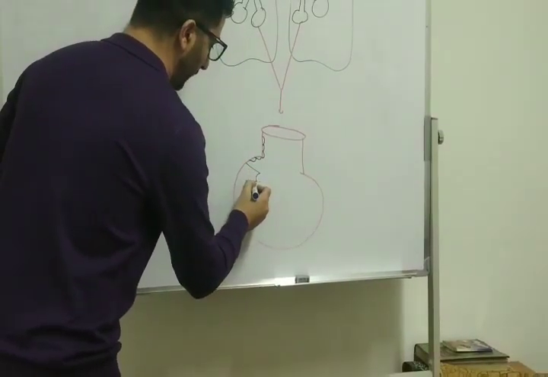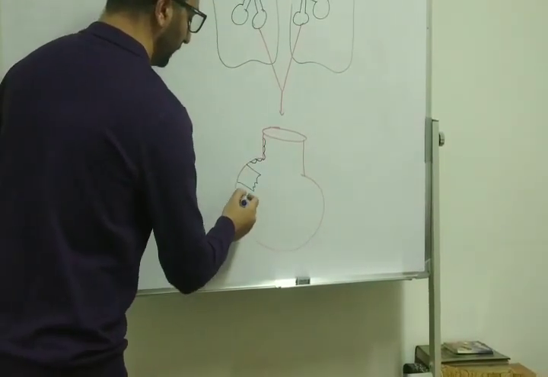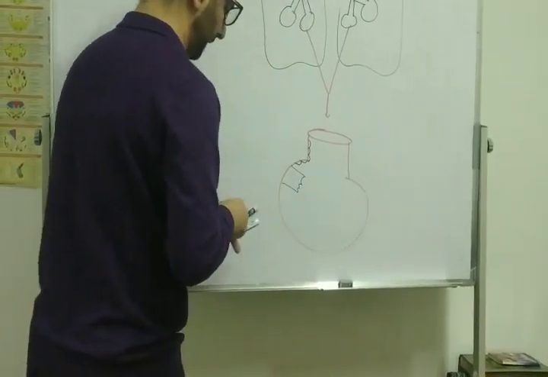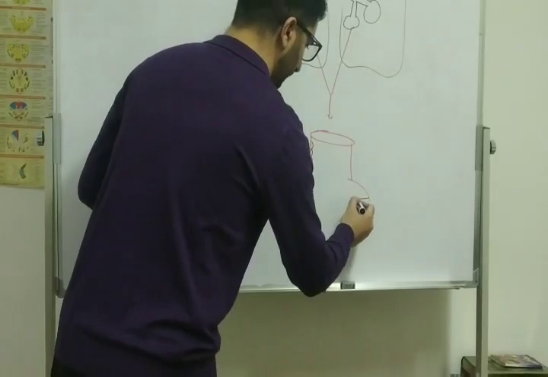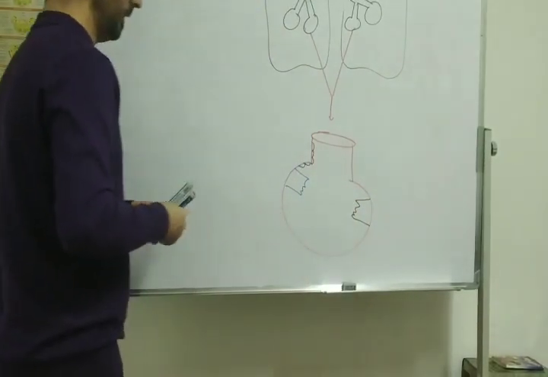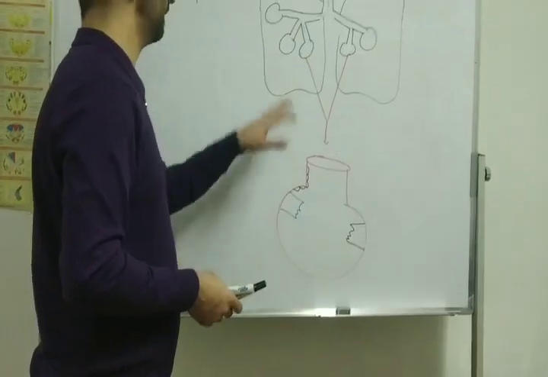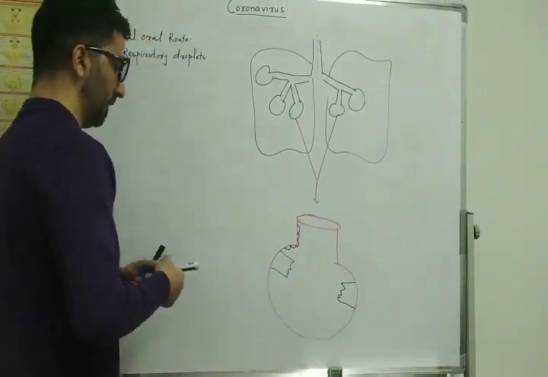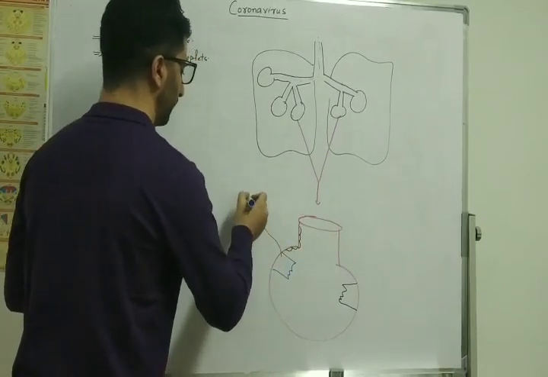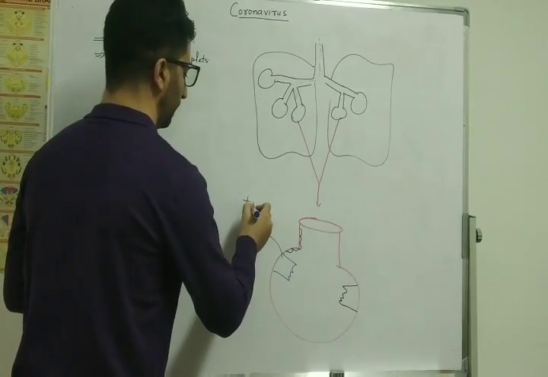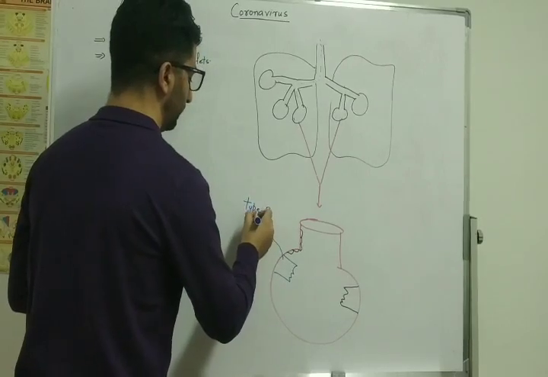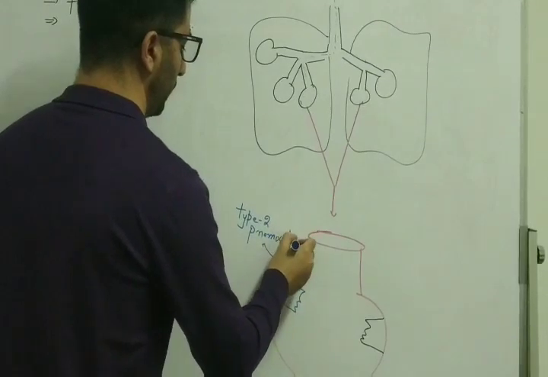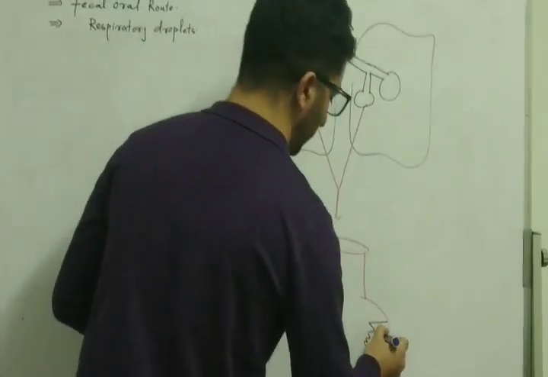I will make one pneumocyte here, and this is one. And for example, there are others, I will make them in a different color. There are pneumocytes, cells of the alveoli, type 1 and type 2. So for example, this is a type 2 pneumocyte, and this is a type 1 pneumocyte.